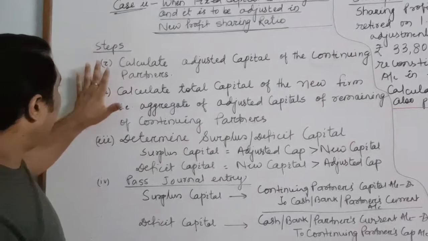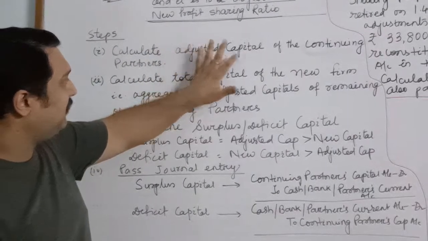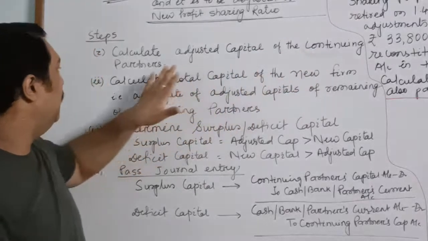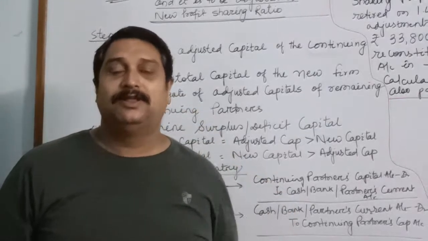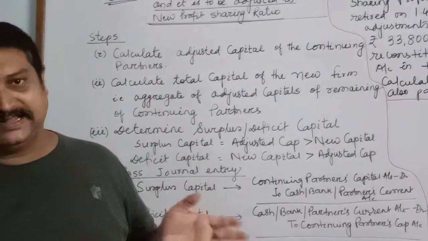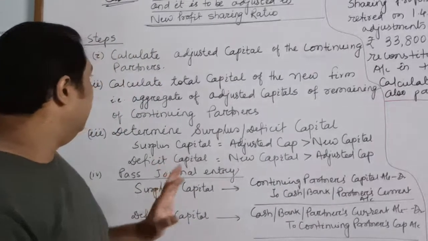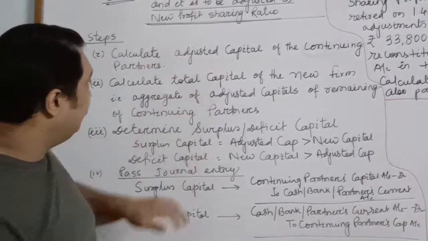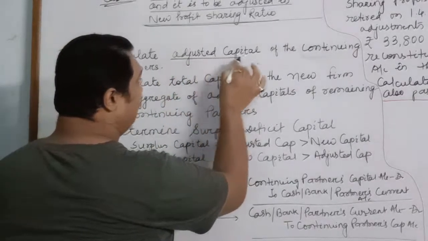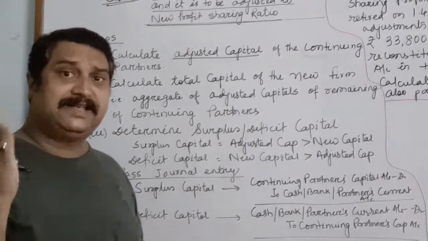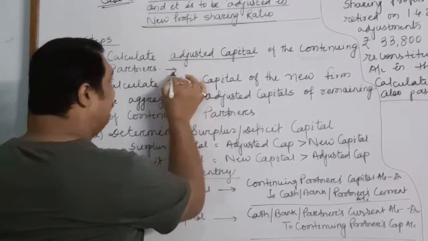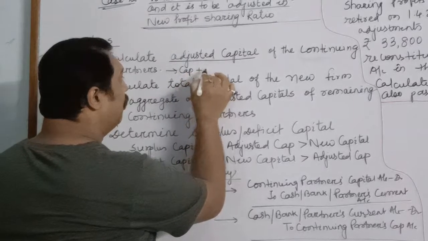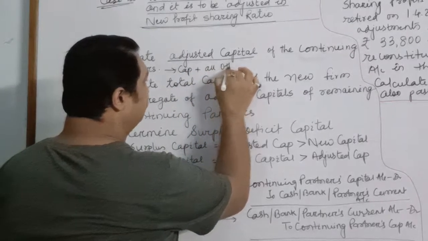The first step is to calculate adjusted capital of the continuing partners. Continuing partners are those partners who are left after a partner has retired. Another term which we have to understand is the adjusted capital, which we had discussed in the previous video also. Adjusted capital means the capital plus all other adjustments.